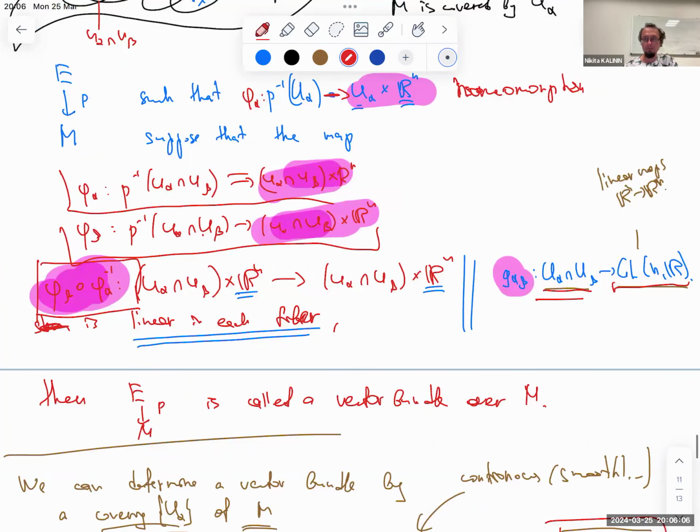Okay. Any questions? Well, yes. How to define the equivalence of two vector bundles?